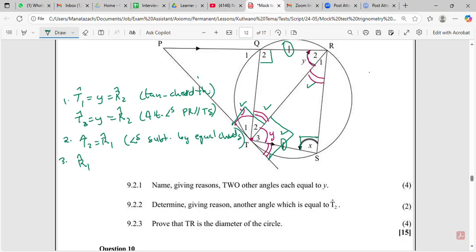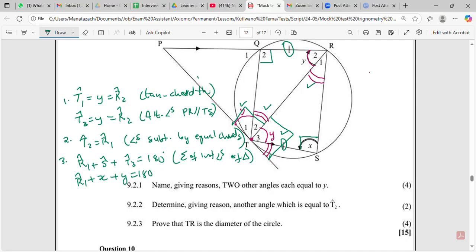R1 plus angle S plus angle T3 is 180 degrees, the sum of interior angles of a triangle. Replacing angle S with x and T3 with y, that's 180.